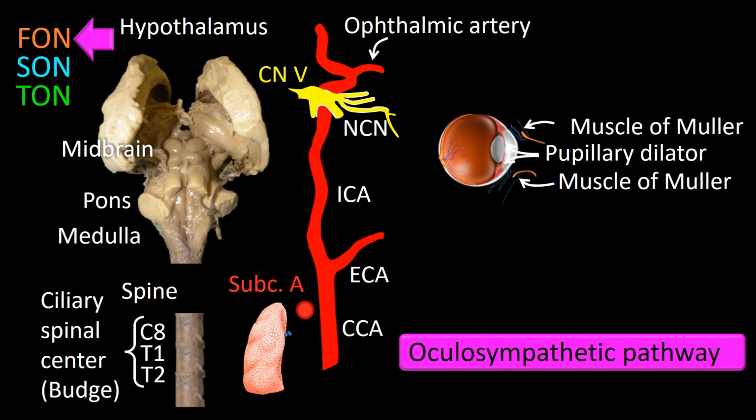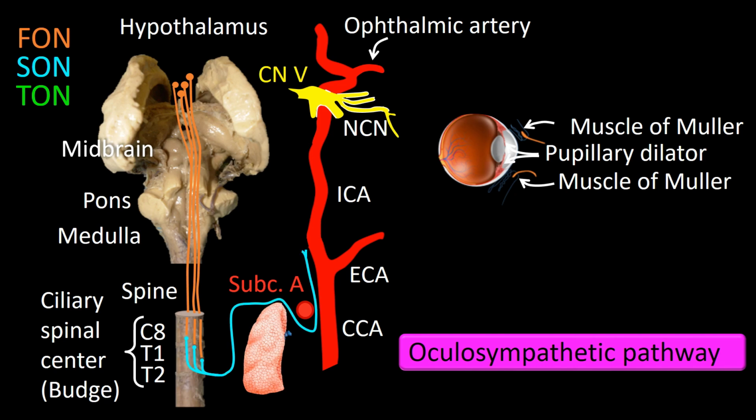I will now introduce FON. The first neuron in the oculosympathetic pathway lives in the hypothalamus, and their axons travel in the central sympathetic pathway through the brainstem until reaching the ciliary spinal center of Budge. There, they meet SUN. In the nucleus of Budge, the second order neurons live.